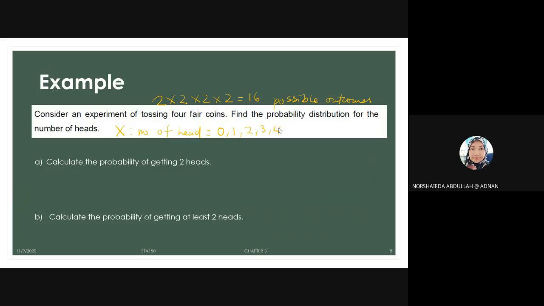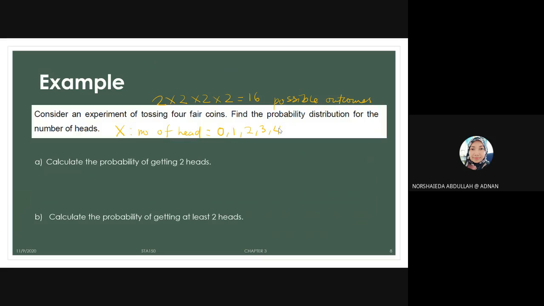So by logic, we already know the possible number of heads is either 0, 1, 2, 3 or 4.